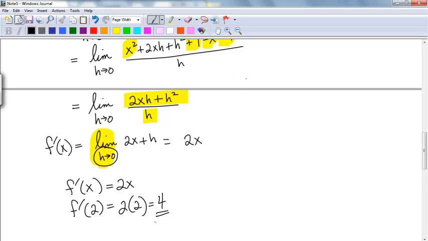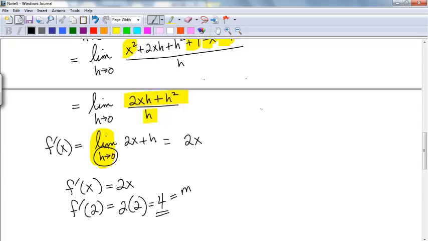What's another letter for slope? M, right? M is slope. M is the same as the first derivative. This is the slope of the tangent line. If I want to check it, I'm going to have to find the equation of the whole line. When they say, key phrase, find the equation of a line, what two things do you need for an equation of a line? You need a point and you need a slope, okay, or you could do the y-intercept.